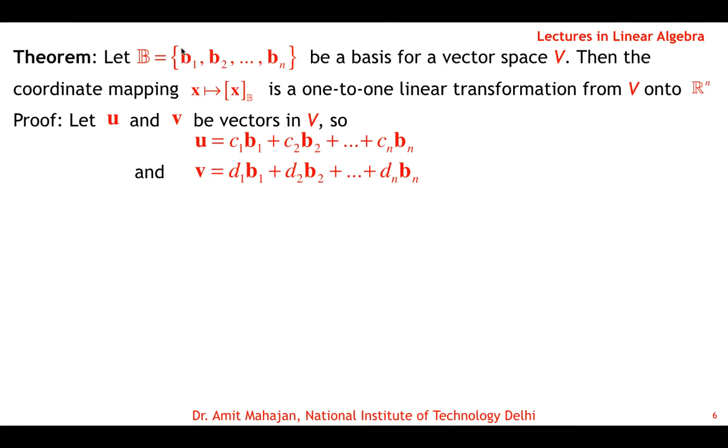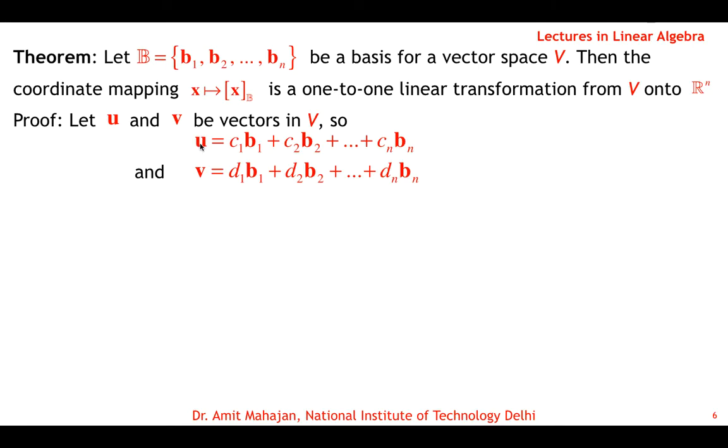Clearly u can be written as a linear combination of the bases with respect to some weights c1, c2, cn, and by the unique representation theorem these weights are unique. And similarly v can be written as a linear combination of b1, b2, bn with some weights, say d1, d2, dn.